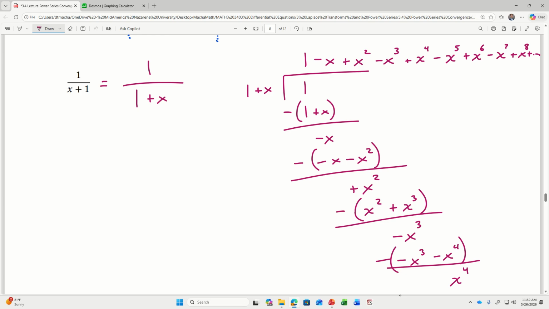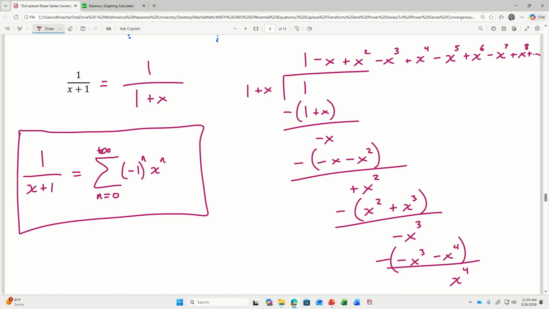I could choose to write this as a power series. And this would be negative 1 raised to the power n times x to the power n. Yeah, cool.